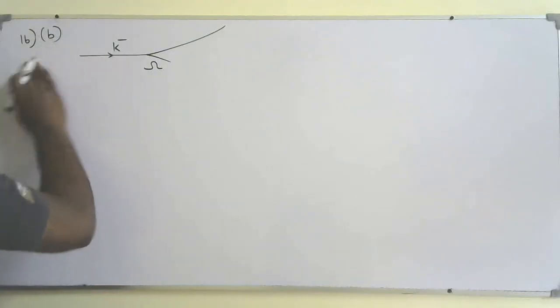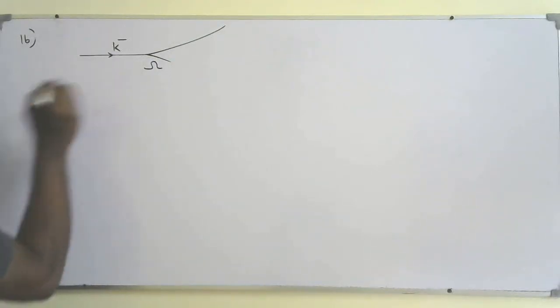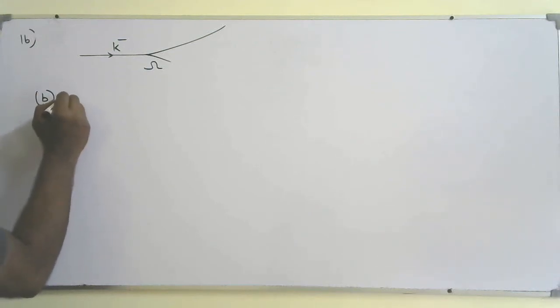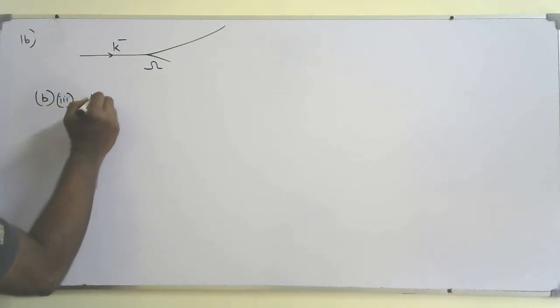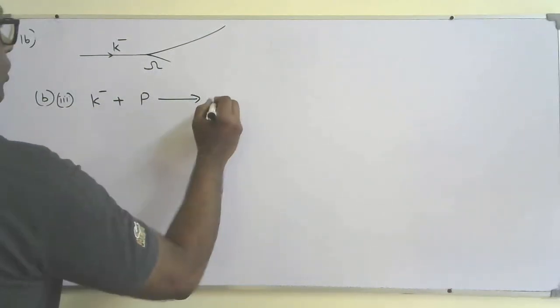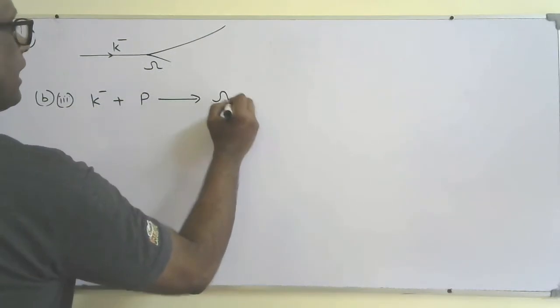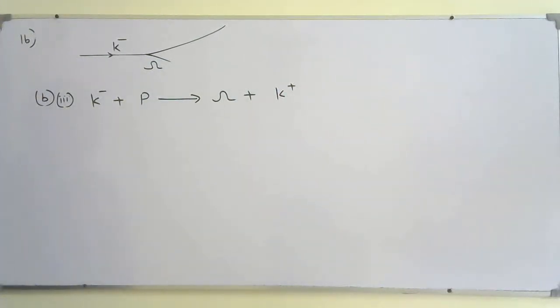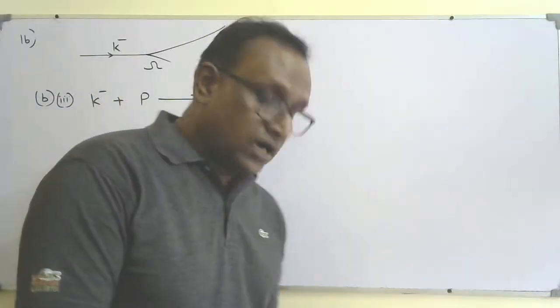I don't need this diagram for this answer, but I just showed it. So B part, third part, I can say K minus plus P gives omega plus K plus.